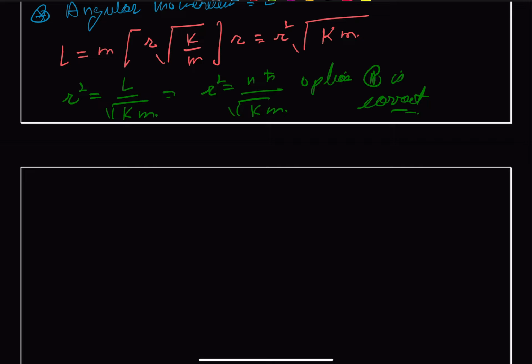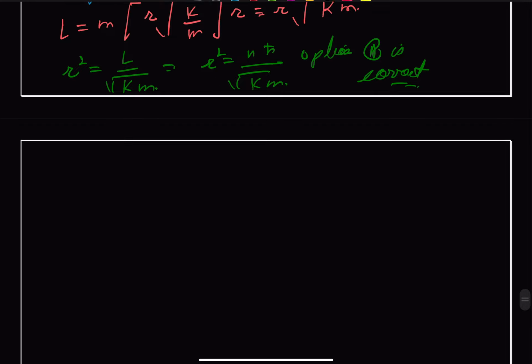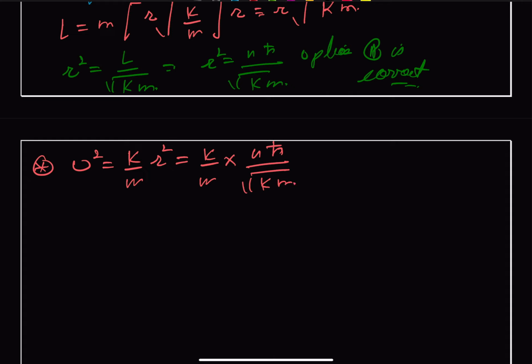Now we can use the velocity equation. We know v² is equal to k upon m times r². We substitute the value of r², and this comes as k upon m multiplied by nħ over the square root of km.